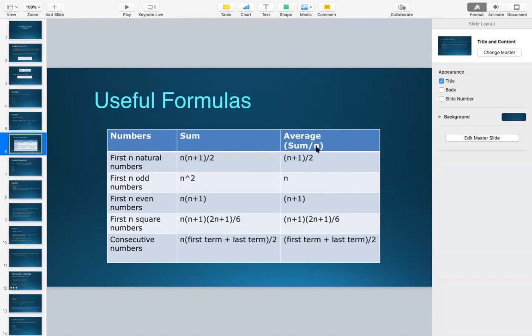Listen to the question properly. I'm repeating the question. I want you guys to find the average of 1 square, 2 square, 3 square, 4 square, till dot dot dot till 15 square.